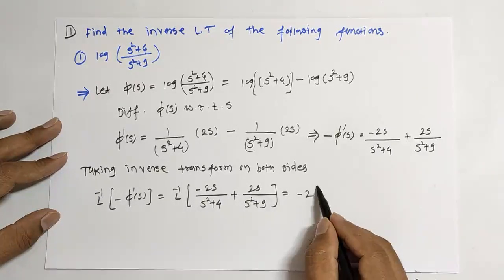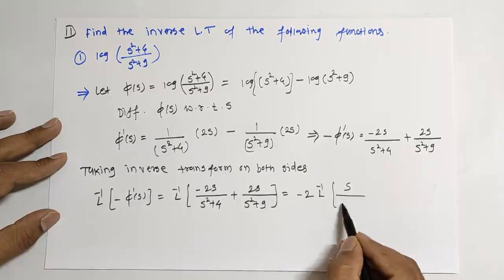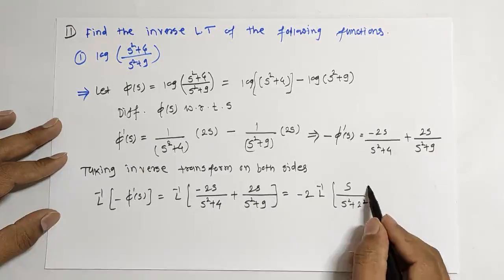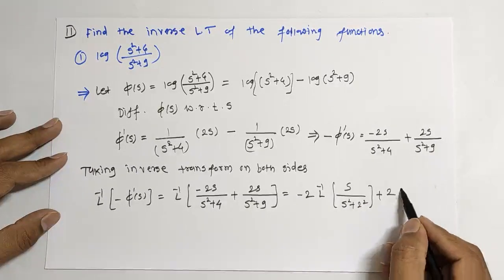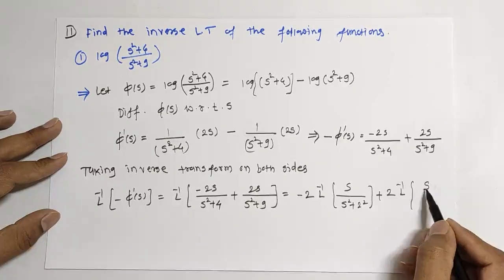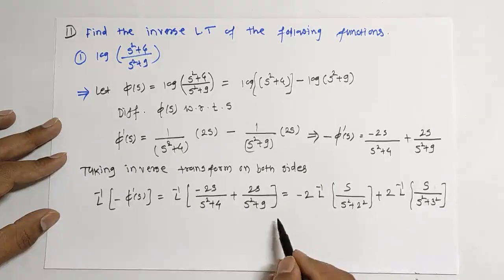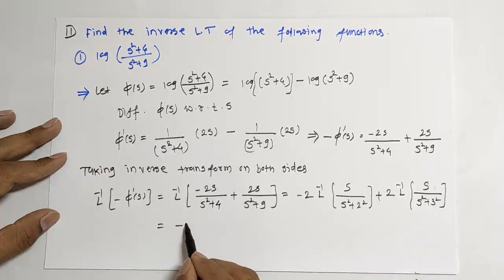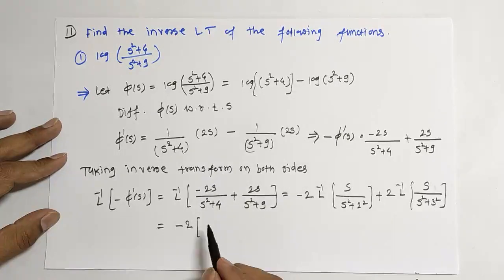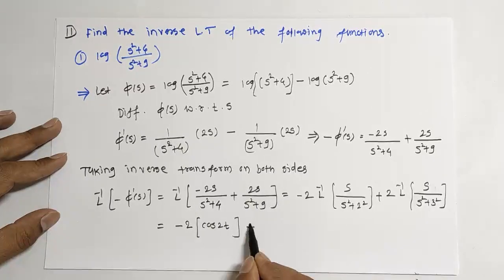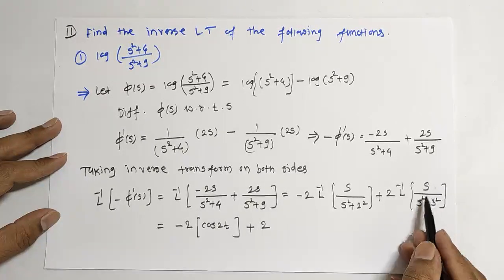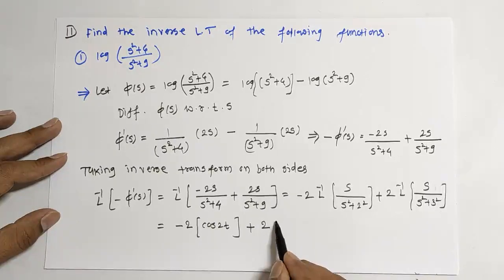So minus 2 is constant, L inverse of s upon s square plus 2 square, and plus 2 is constant, L inverse of s upon s square plus 3 square. So this is equal to minus 2 into cos of 2t plus 2 into cos of 3t.